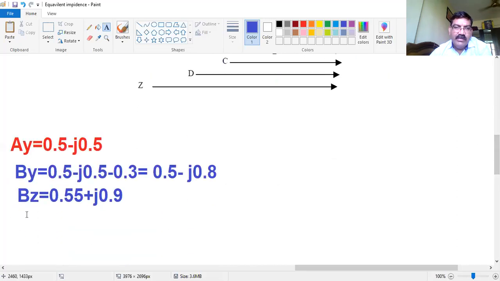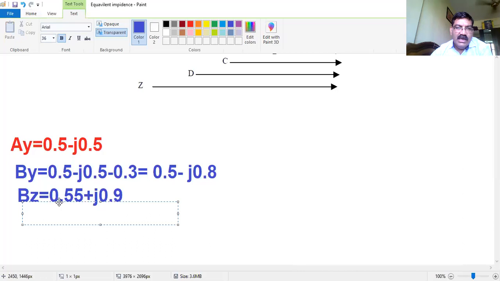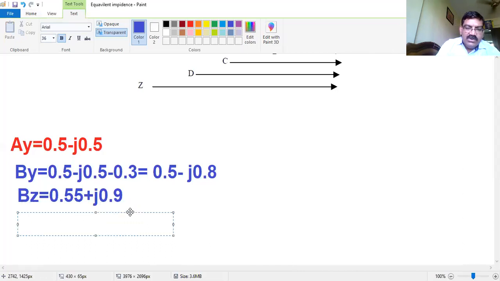So this is your bz. Now I'll go for c. As bz, I'll go for c, so it is cz. How much is cz? I'll take the same point, 0.55 plus j0.9.